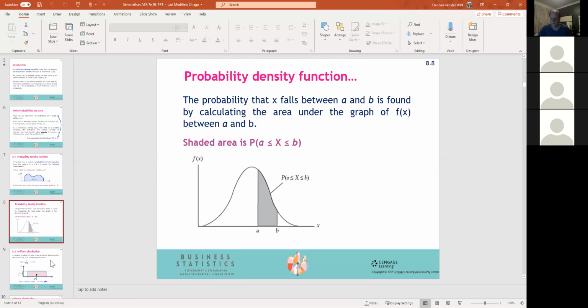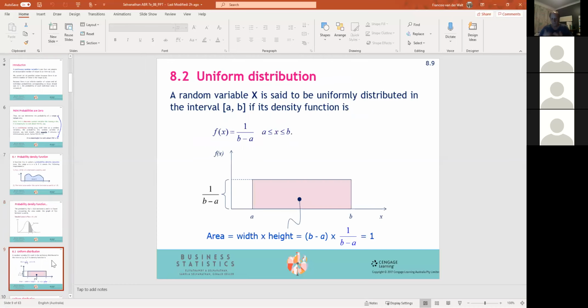Now, the first of the continuous distribution functions that we're going to look at is the uniform distribution. A uniform distribution is defined like this. It's got the same probability from A to B. To make this work so that the area underneath between A and B equals 1, this height will be 1/(B minus A).